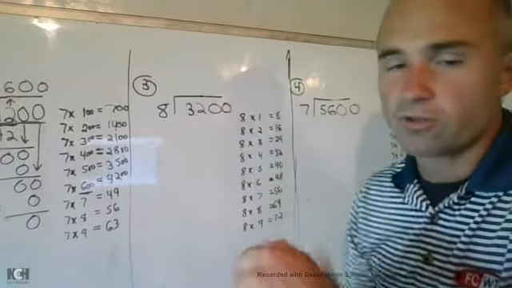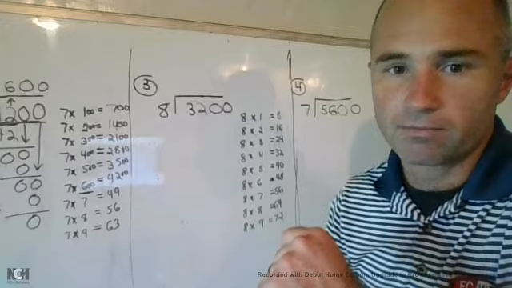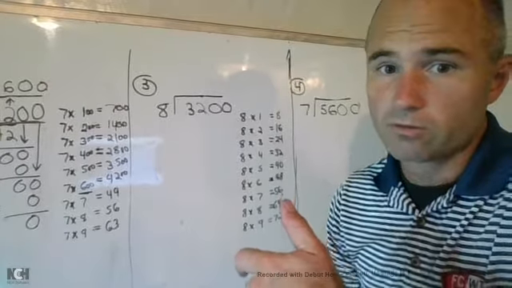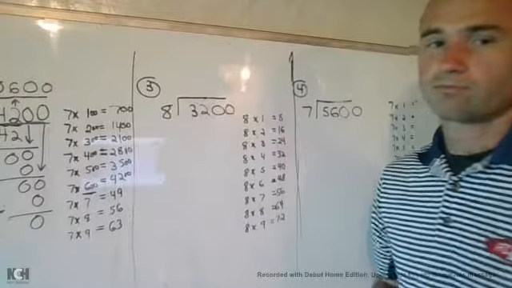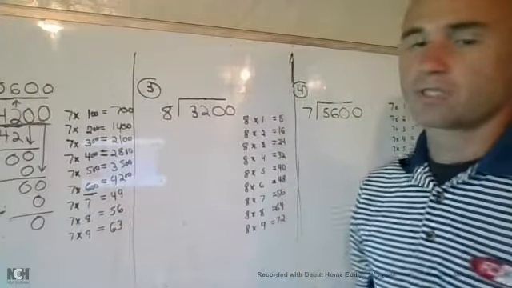In knowing 8 times 4 equals, bam. What does 8 times 4 equal? 32. Or 8 times 7 equals 56.